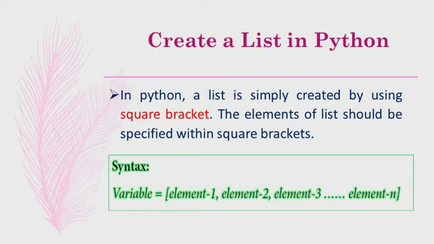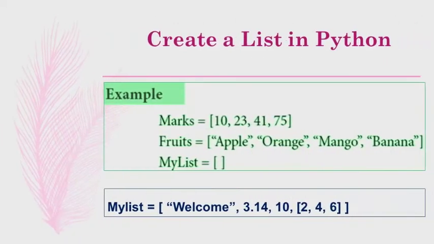Next, see this example. marks = [10, 13, 14, 75], and next fruits = [apple, orange, mango, banana], and next my_list = [], empty square brackets. See here, these are integer type values, these are string type values, and this is an empty list.